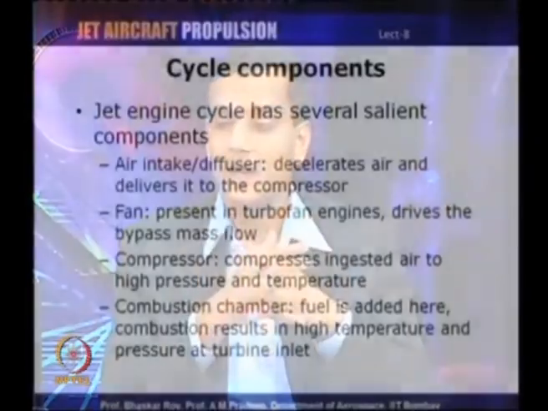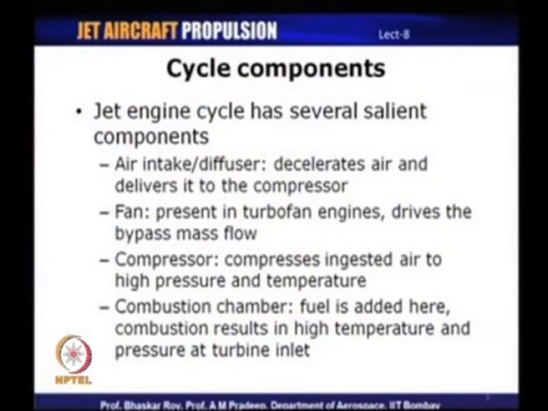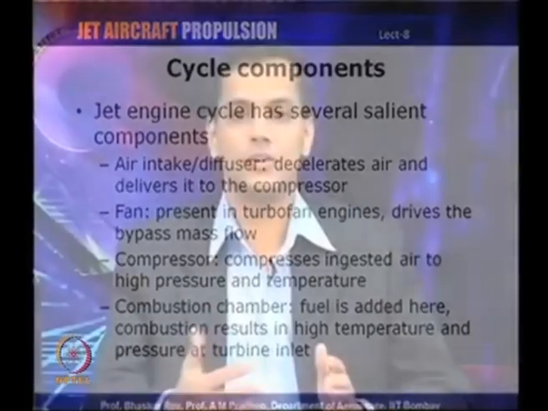We know that a jet engine, as we have seen, has several salient components, and one of the first components of a jet engine is the air intake or the diffuser. The basic function of an air intake or a diffuser is to decelerate the incoming air and deliver it to a compressor.